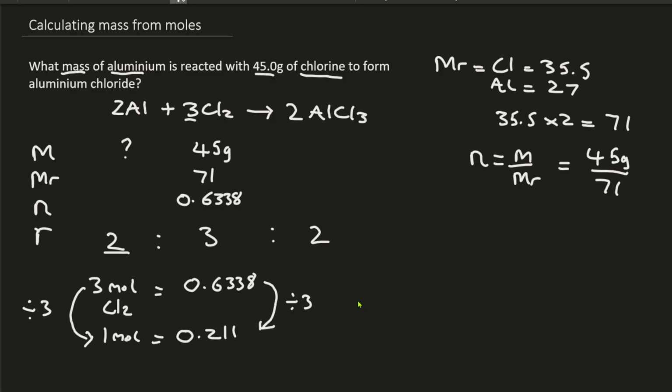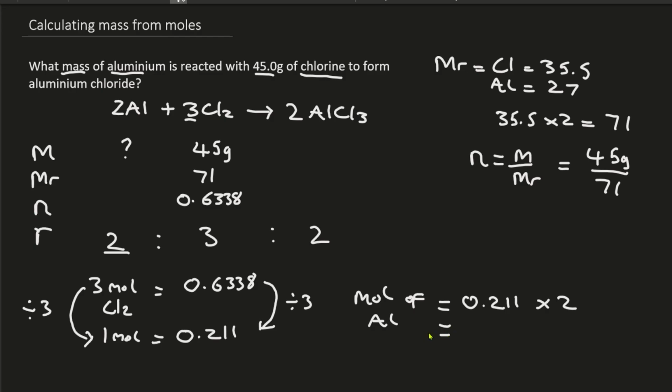So we simply just do the moles of aluminium is going to be equal to 0.211 multiplied by 2.